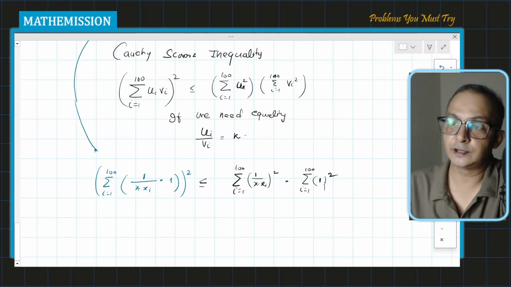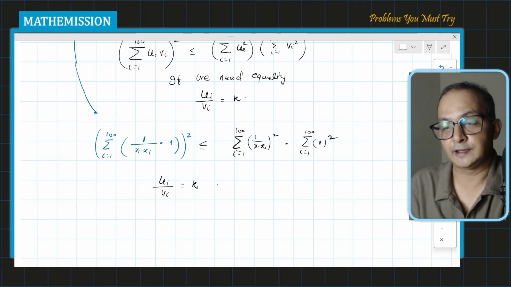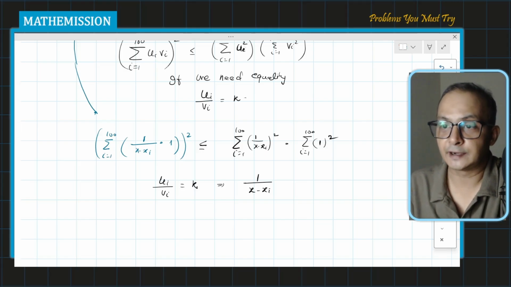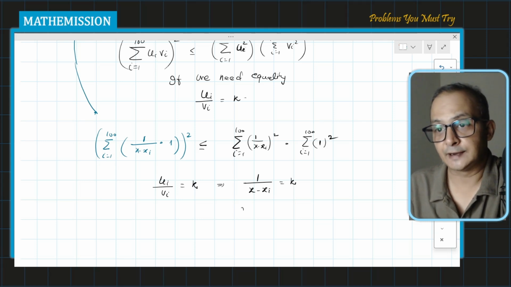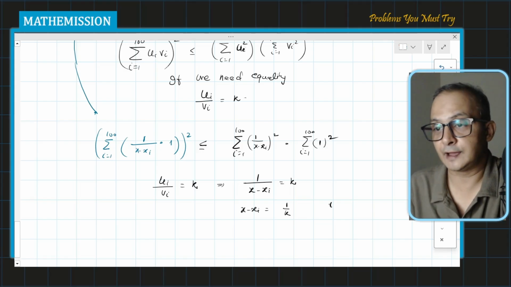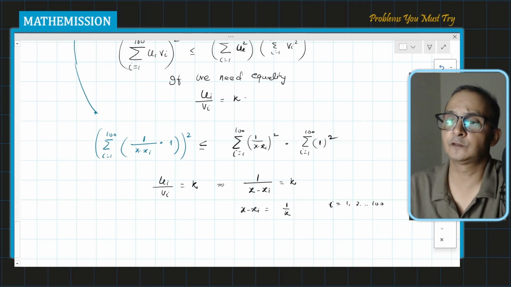If this is equality, it means I must have ui by vi equal to k. It means ui is 1 by (x minus xi), divided by 1, is equal to k. It simply means that x minus xi is equal to 1 by k, where i goes from 1 to 100. What is the meaning of this?